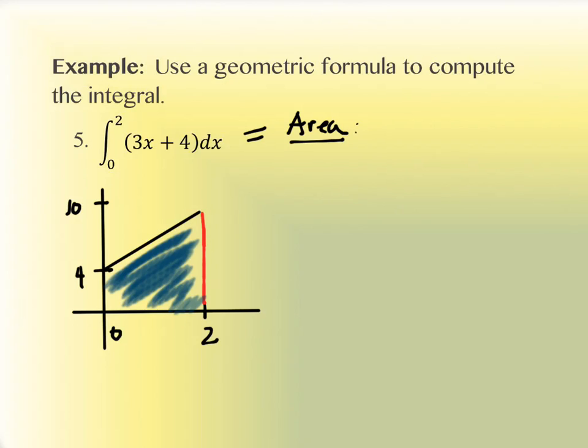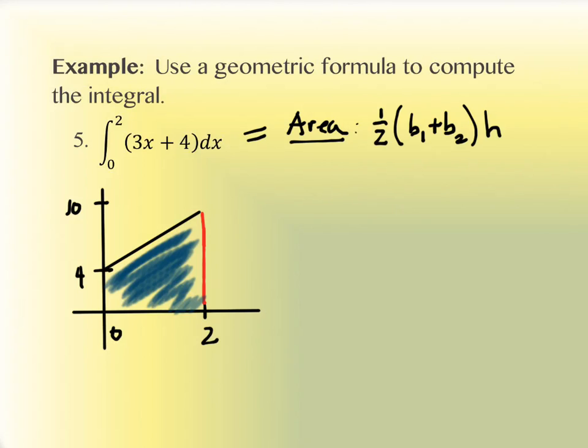So this area, which is what I'm calculating this integral to be, the area from 3x plus 4 from 0 to 2, is calculated as 1/2 the first base, called B1, plus B2 times the height. Now, the kicker is that the bases are the parallel lines. So the bases here are actually what look like the two different heights.